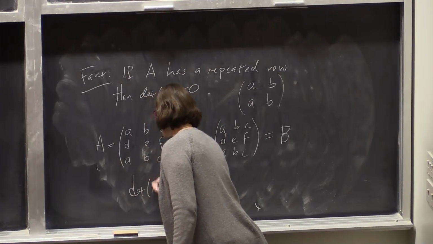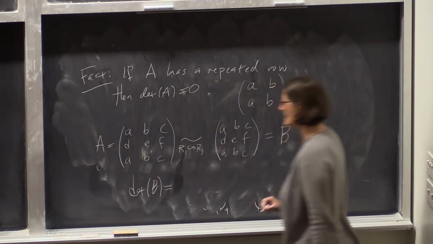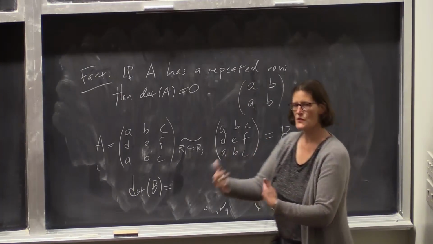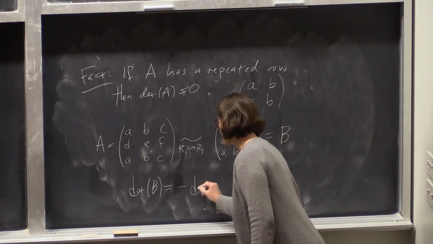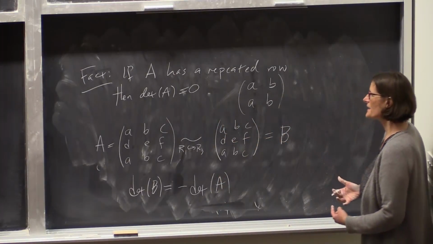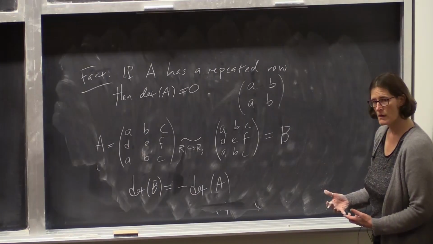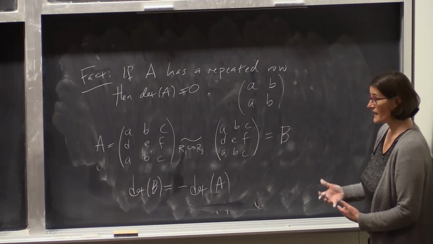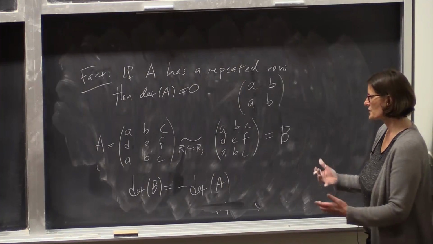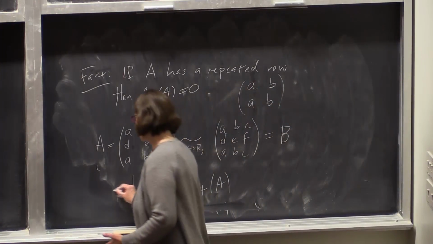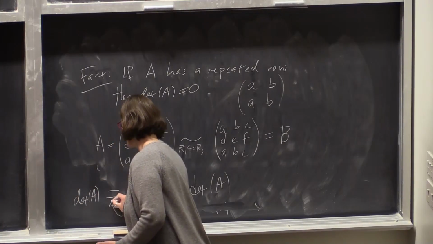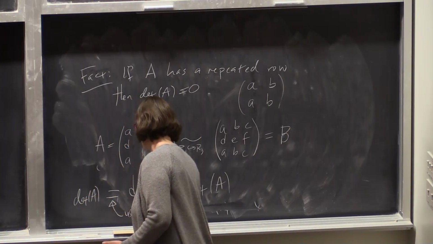By my fact, I know that the determinant of B is equal to what? Well, by my fact involving swapping, it's equal to negative determinant A. Because A had a repeated row, B actually equals A. Therefore, the determinant of B equals the determinant of A. So right here I used that I have a repeated row.